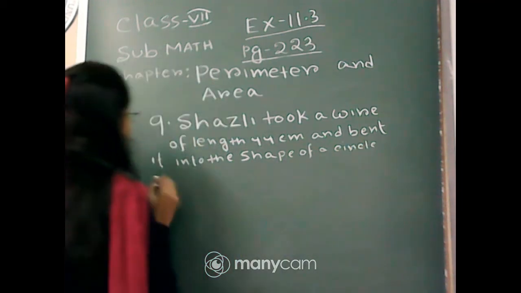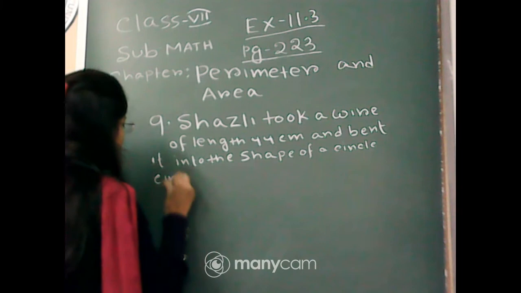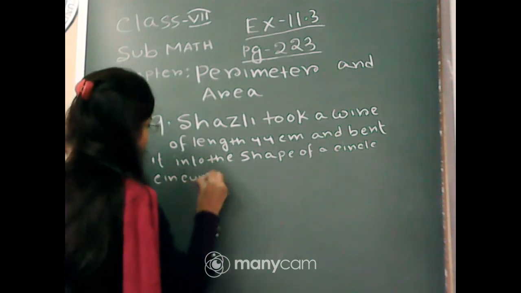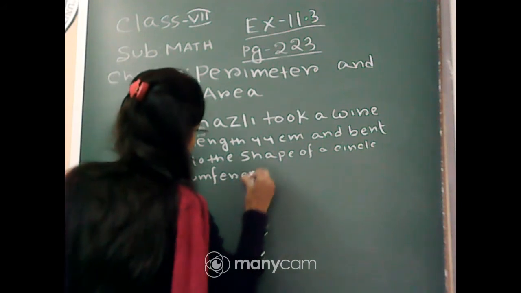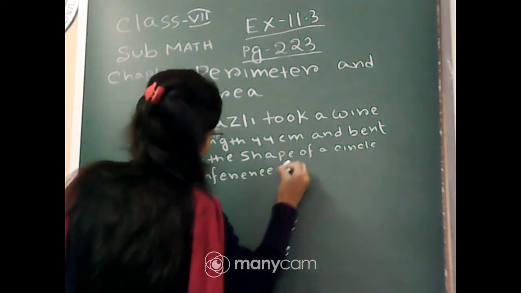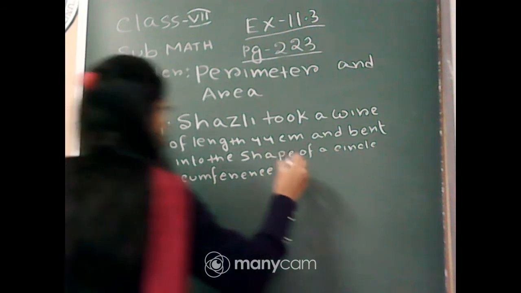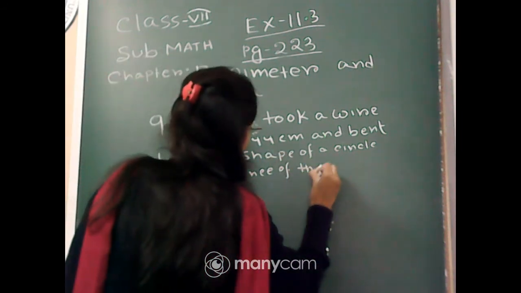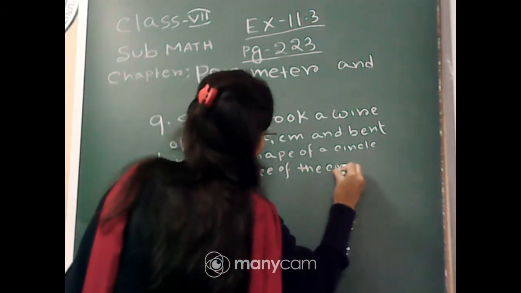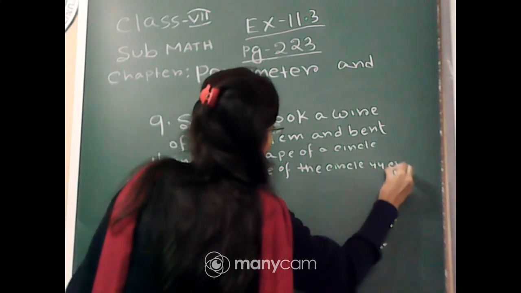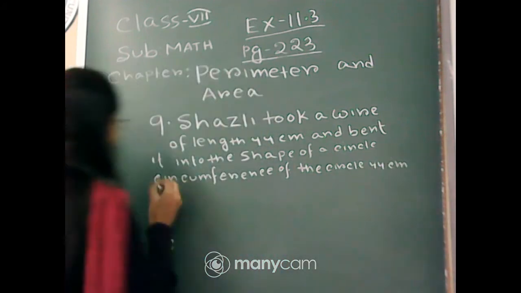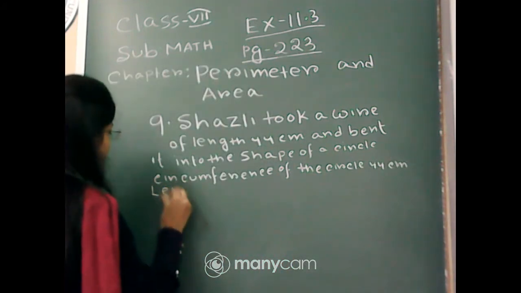Clearly, the circumference of the circle is equal to 44 cm. Let r be the radius of the circle.